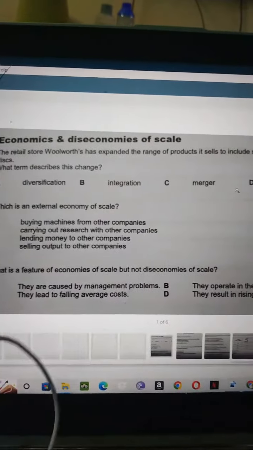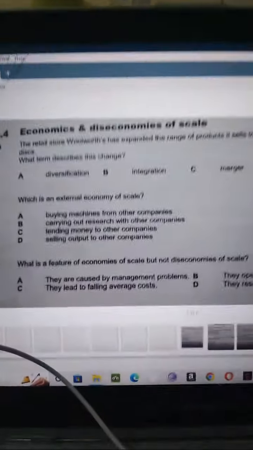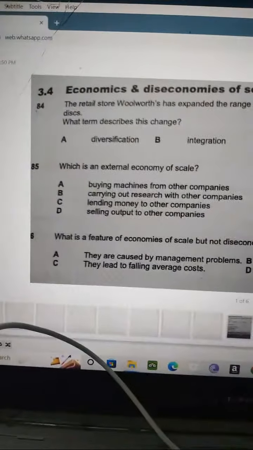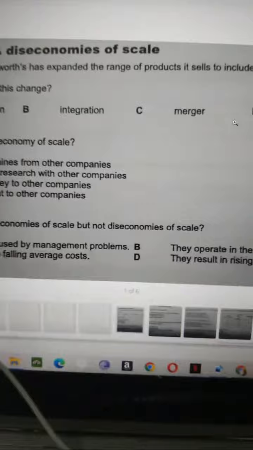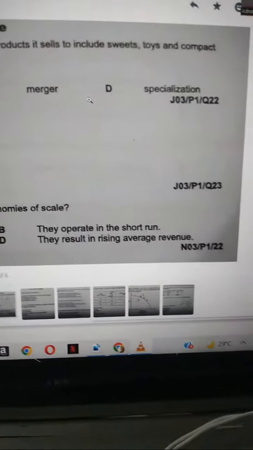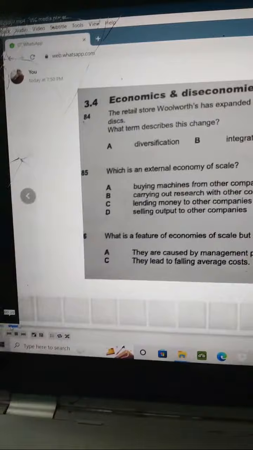When the firm is experiencing large output, producing large output, and the average cost of production is decreasing. So there are many different things related to economies of scale, internal and external economies of scale. And the concept of diseconomies of scale means that the firm is still producing a large output, but the average cost of production is increasing.